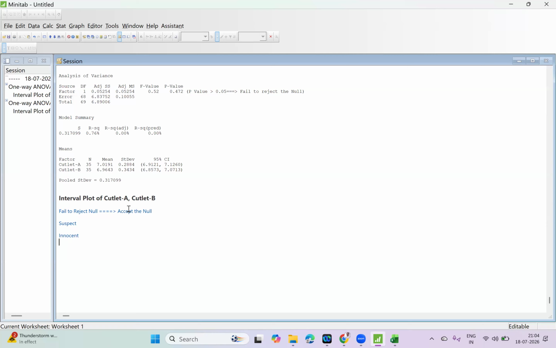Initially, the judge will assume that he is innocent, right? But as the evidence favors, the judge will slowly reject innocence. Yes or no? Yes, sir. This is called reject the null hypothesis.